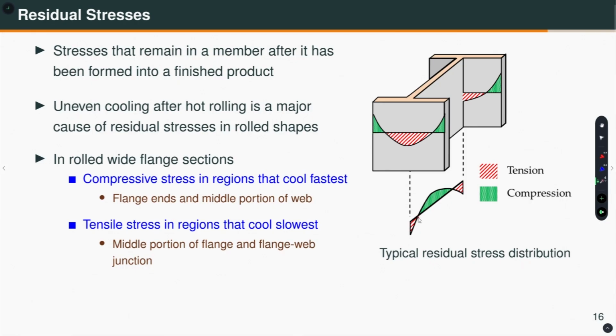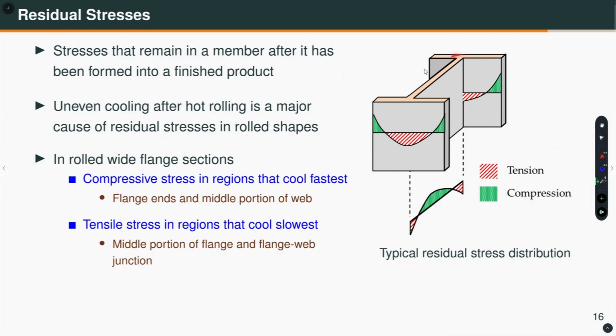Okay. So, let us say this is my variation of the residual stress. So, in the web here, this part is under compression. Okay. And for the flange, this part and this part, they are under compression because they tend to cool faster than the region which is, let us say, this junction here or this junction here. Okay.